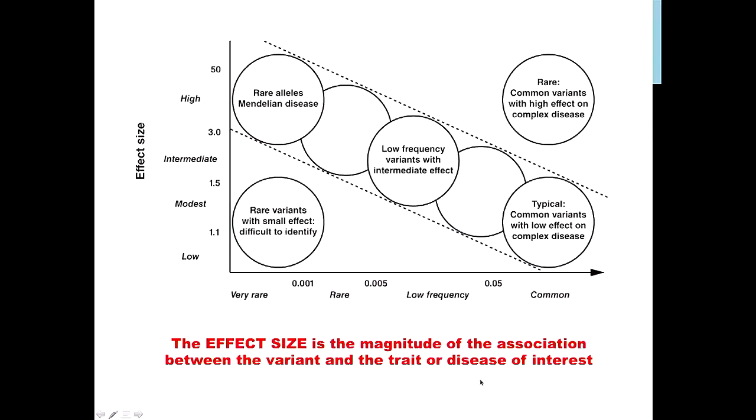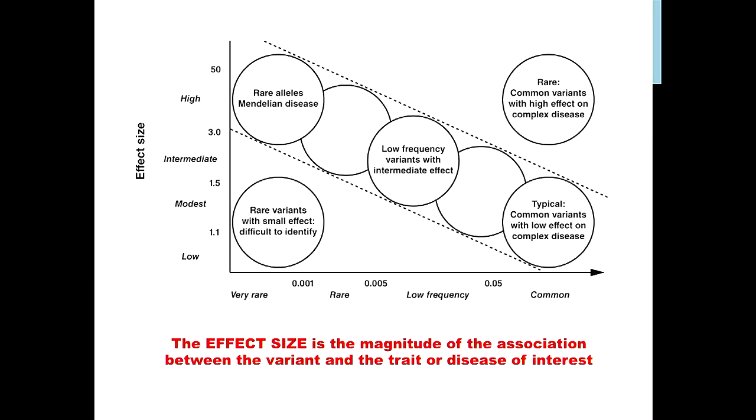Then we can't go any further without talking about effect size, which is the magnitude of the association between a variant and the trait or disease. Up until this point, I've just said it contributes. But you can imagine if you have a quantitative trait like vitamin D, there could be an amount that each SNP is contributing to that outcome.